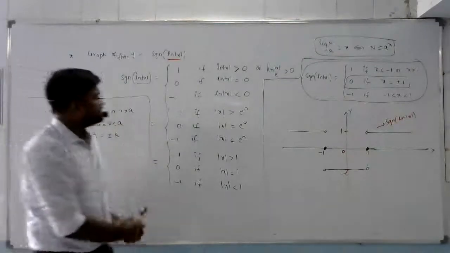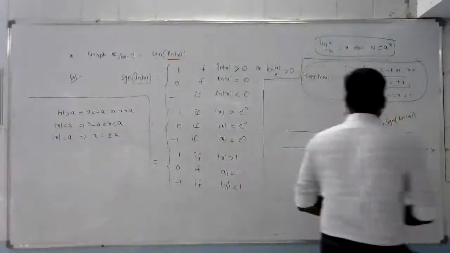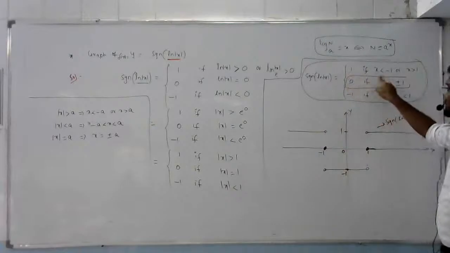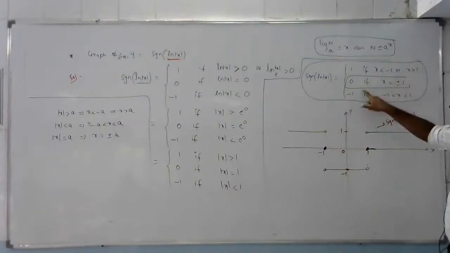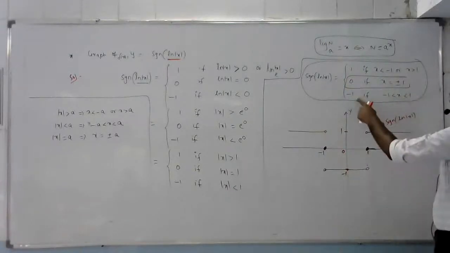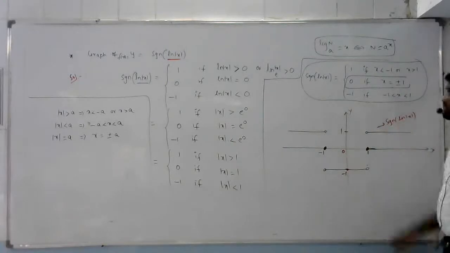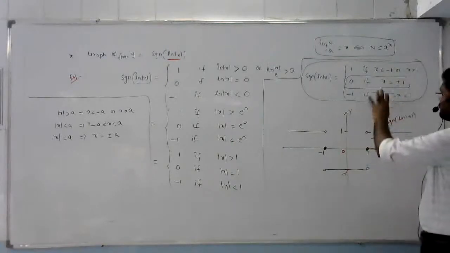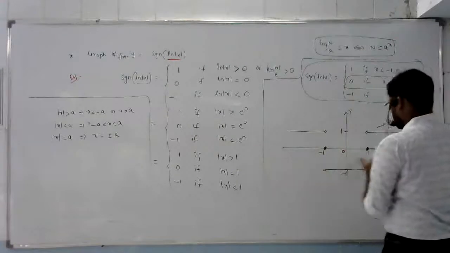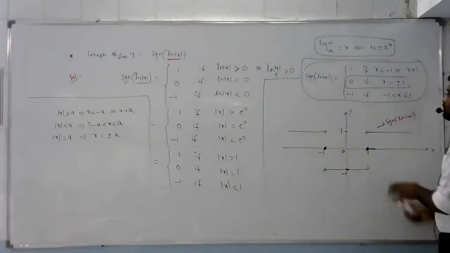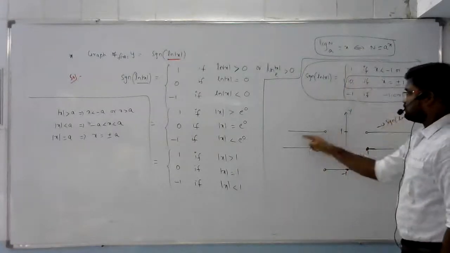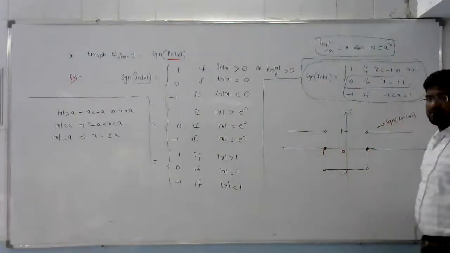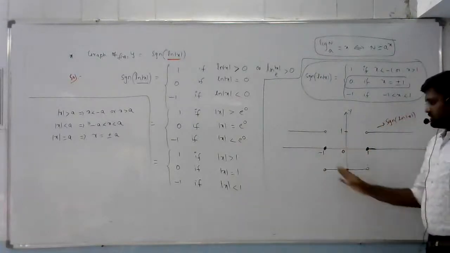Once again, this analysis is okay, I guess. It is equal to 1 if x is less than minus 1 or x is greater than 1. 0 if x equal to plus or minus 1. Minus 1 if x is lying between minus 1 to 1. The meaning of this one is, for all the values of x less than minus 1, for all the values of x greater than 1, signum of ln mod x is equal to 1. Just horizontal line, corresponding to 1. Understood?